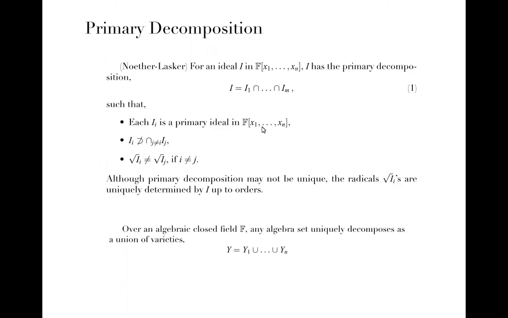But then you can say that if you have one decomposition on the algebraic side, then if you change it to the geometric side, you see this I1, the solution set is Y1, and Y1 is irreducible, and this I1 is primary. Then you can see from the Zariski topology, you decompose a very complicated algebraic set into irreducible varieties.